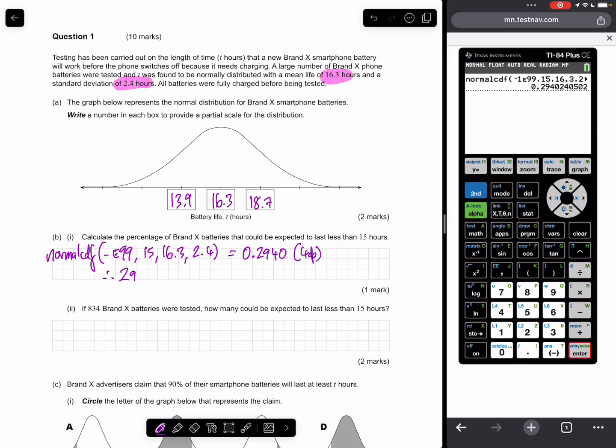Therefore, 29.4% expected to last less than 15 hours.